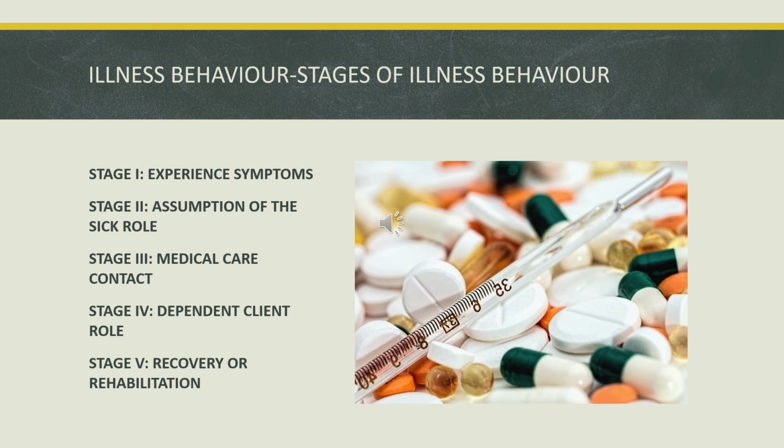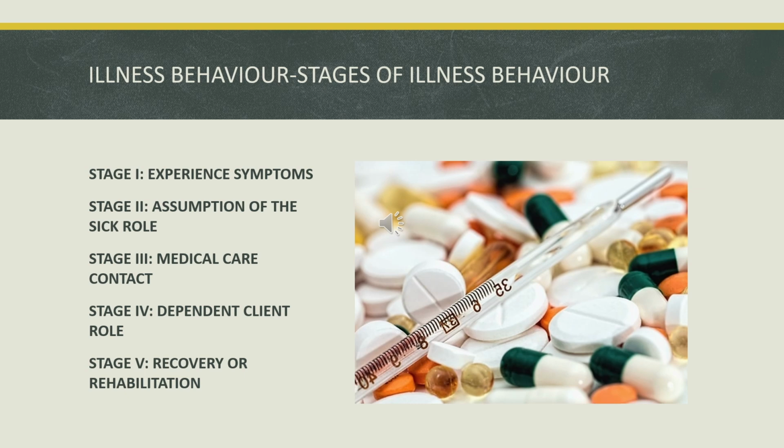This was given by Edward Suchman. He stated that there are 5 stages in which a person who is exposed to illness will show it in the form of his or her behavior. The first stage is experiences symptoms. In stage 1, the client will experience the symptoms of the disease.